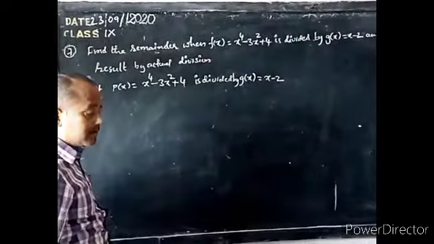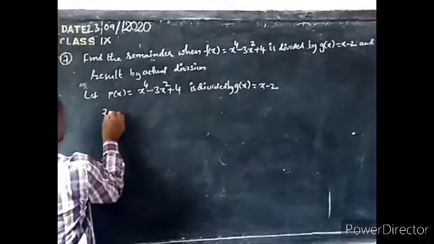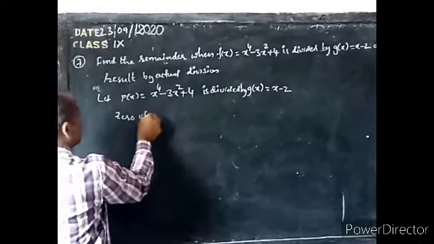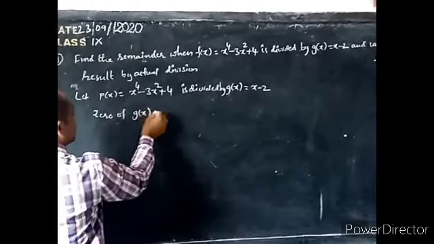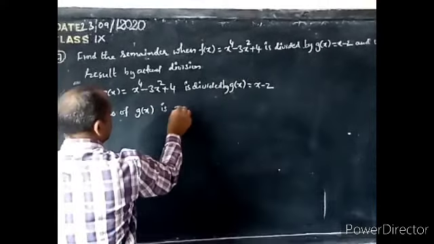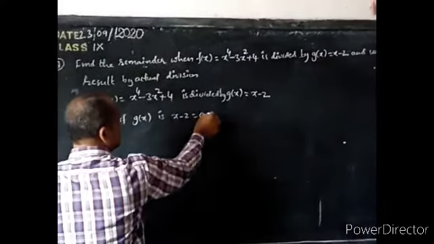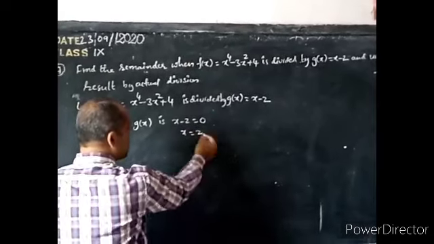Now zero of g of x: x minus 2 is equal to 0, which implies x is equal to 2.